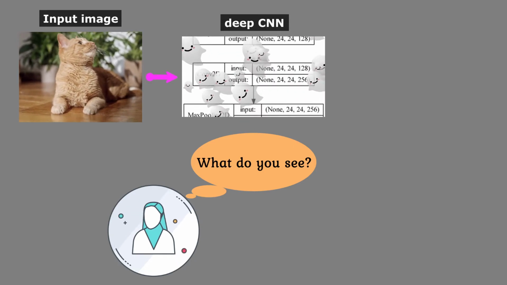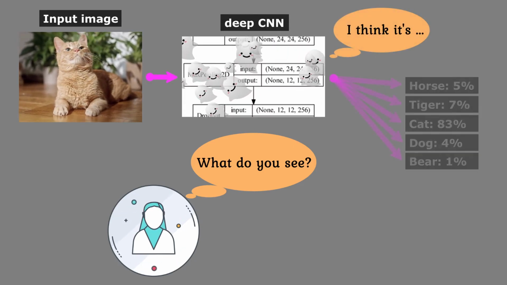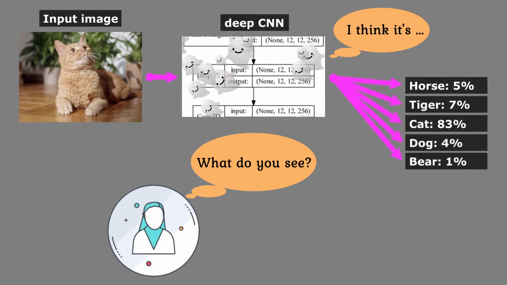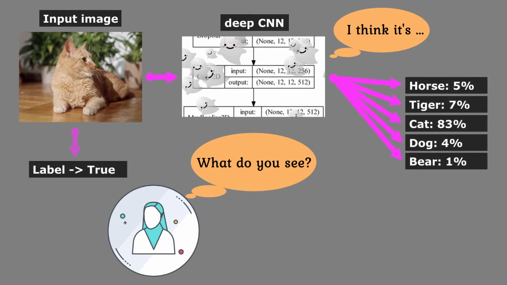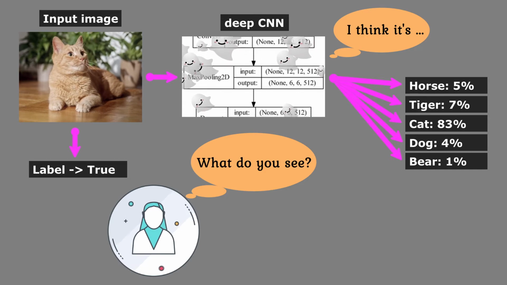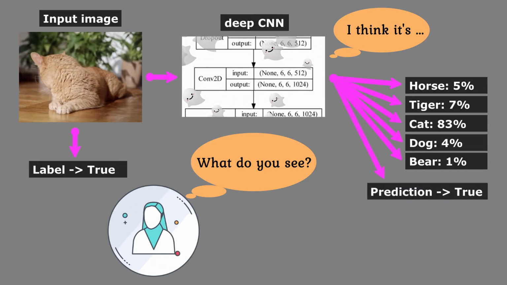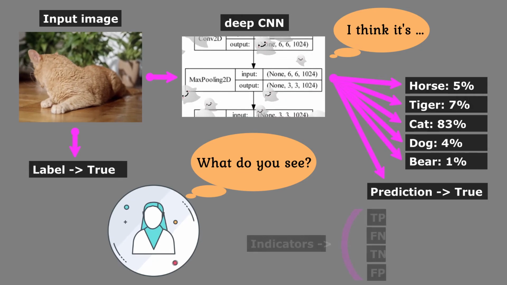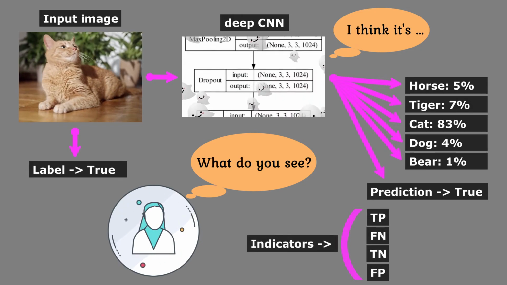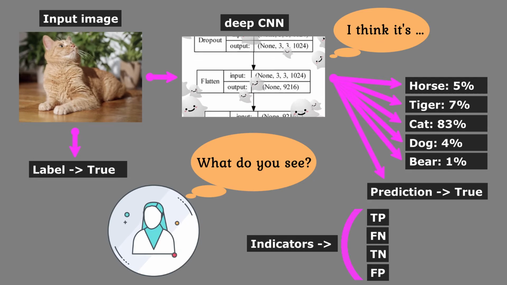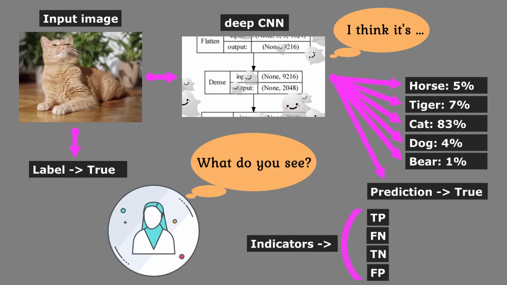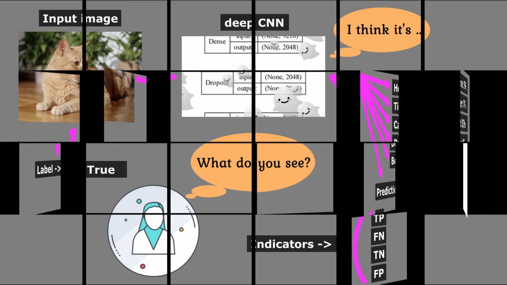And the neural network has to decide to which class the input image belongs. We know the correct true class number of the input image, and we will know the answer from the network. By the help of these indicators of the classification report, we can evaluate how good our model is.